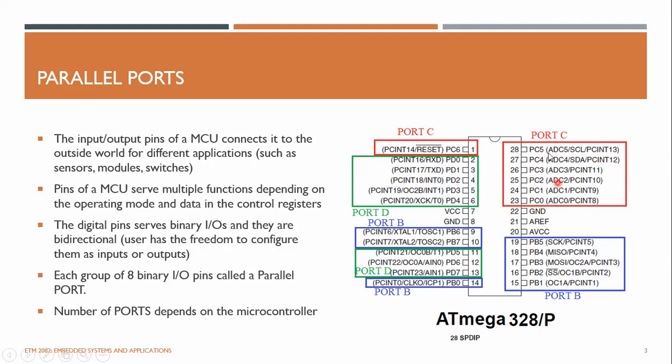So we will discuss the analog ADC later, but today's discussion is to use digital input and output pins. So any port pin can be configured as a digital pin. But also remember they can support different other purposes as well, like analog to digital conversions, counters, etc.